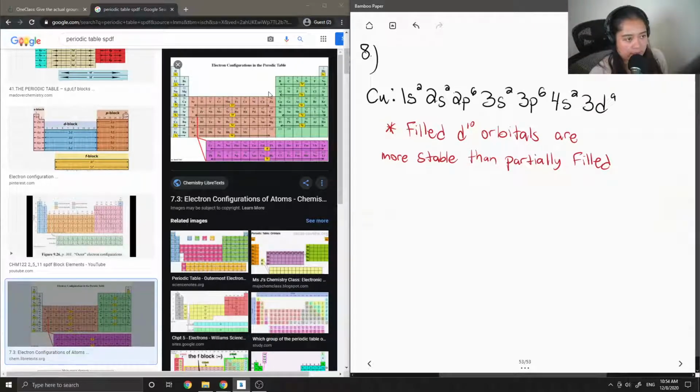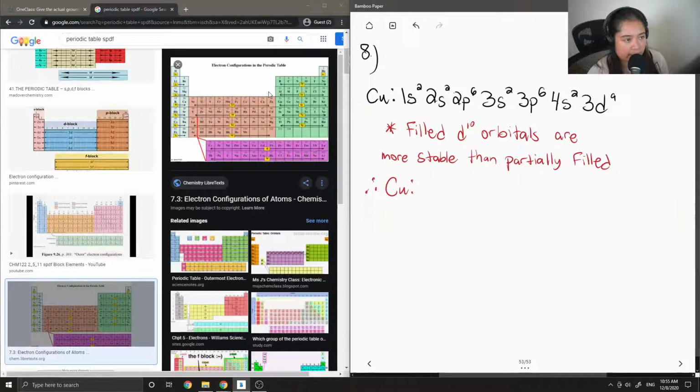So now that we know this, we see that our electron configuration ends in 3d9. So what happens is that one of the electrons in the 4s2 orbital is actually moved up to 3d10 to form 3d10.